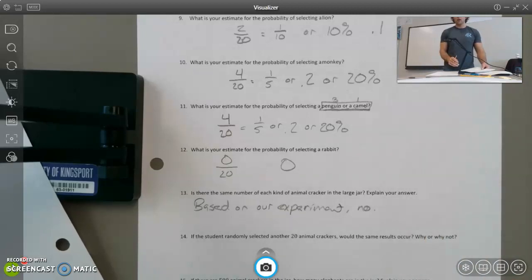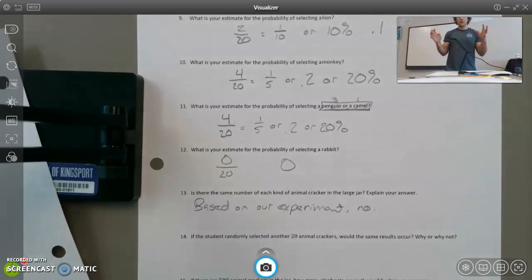It is only 20 out of a huge jar. It is impossible to truly get an understanding of the ratio of the crackers with only choosing 20. We would really need to look at a bigger sample size. In fact, we might need to look at several bags over and over to see how much of each, to see if they were actually proportional, like the same number of each.